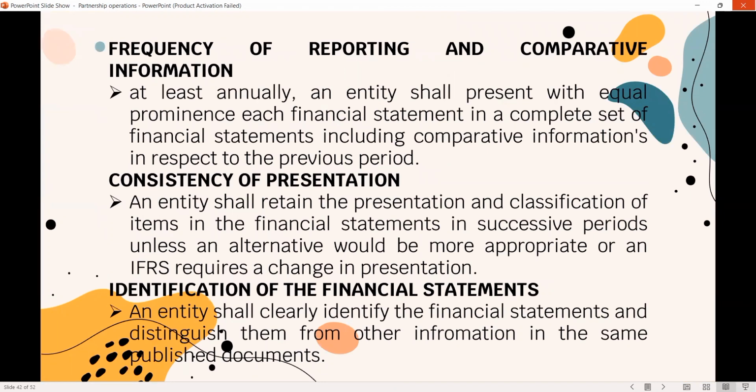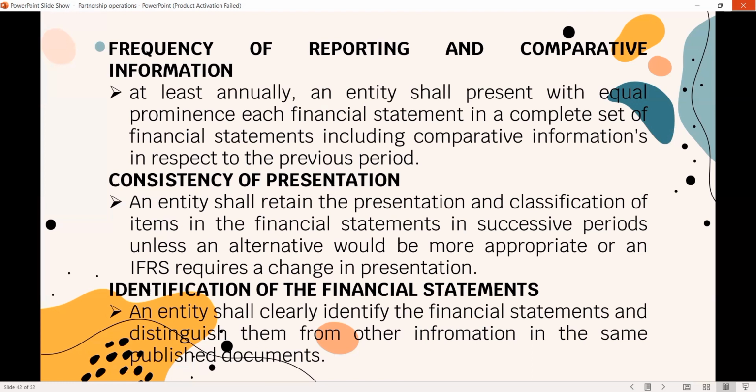So, the frequency of reporting and comparative information. When we are doing financial statements, it means annually, dapat annual year, or an entity shall present with equal prominence its financial statements in a complete set of financial statements, including the previous period.